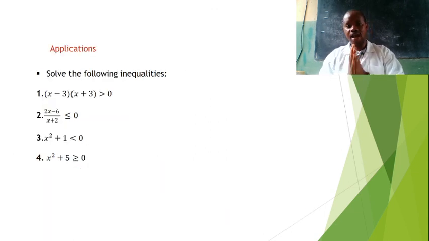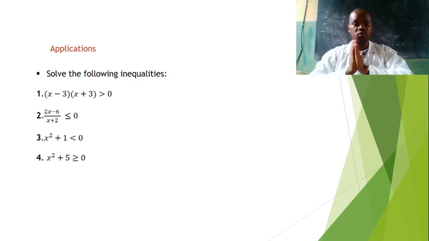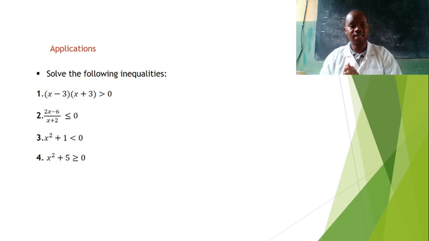Now, I have exercises or applications to see if you have well understood today's lesson. I have 4 exercises, solving the following inequalities. The first one is x minus 3 times x plus 3, which is greater than 0.